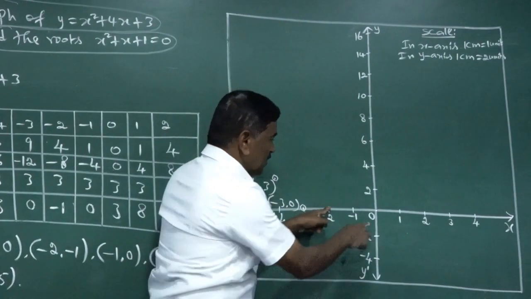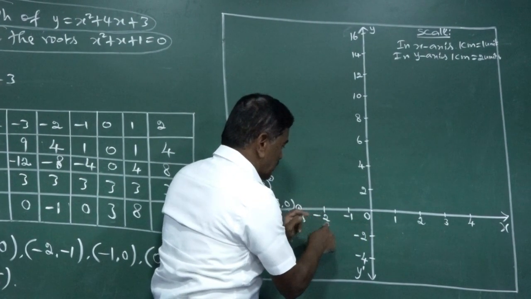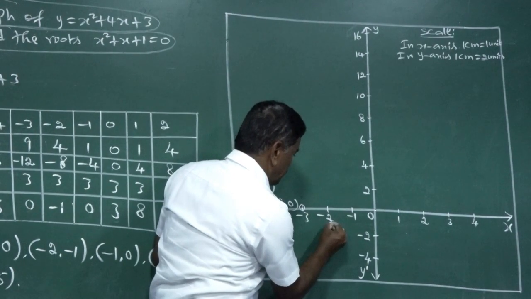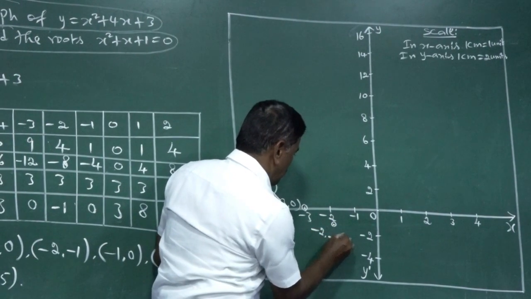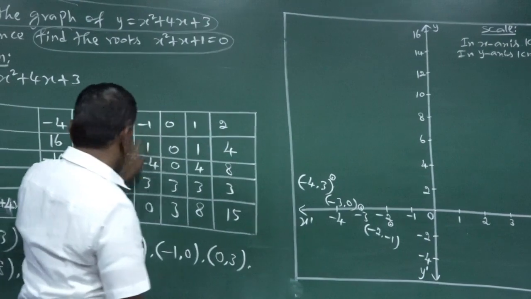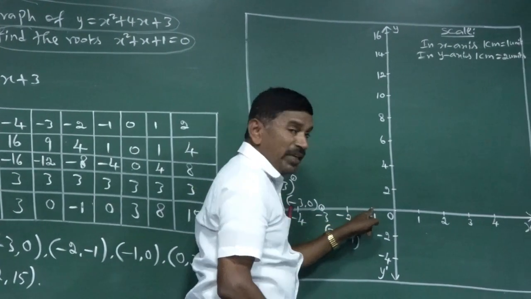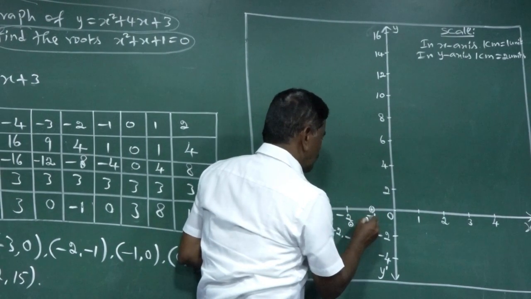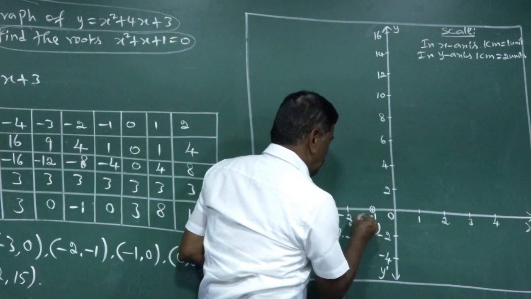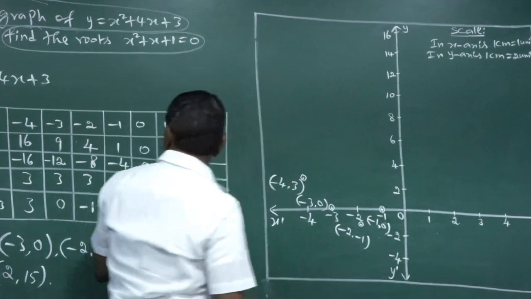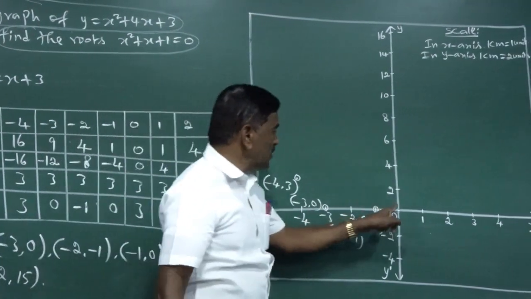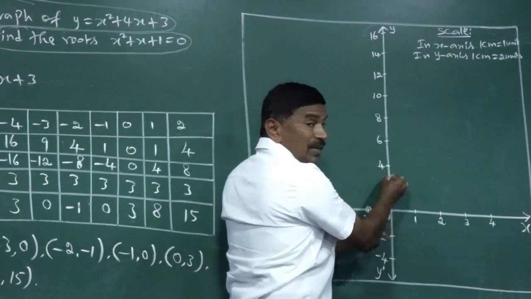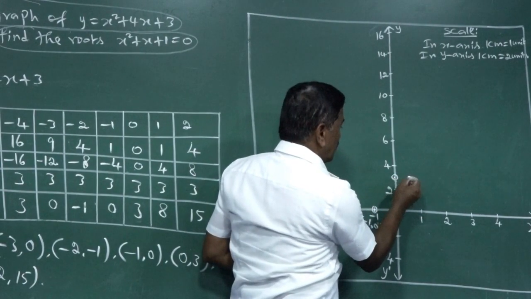Minus 2 in x-axis, minus 1 in y-axis. Suppose this point here. Next, minus 1, 0. Minus 1 in x-axis, 0 in y-axis. Next, 0, 3. 0 in x-axis, 3 in y-axis. Yes, 0, 3.